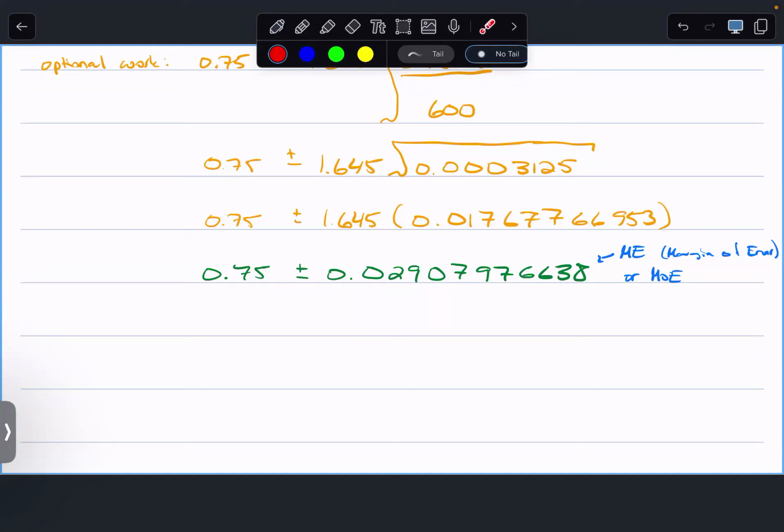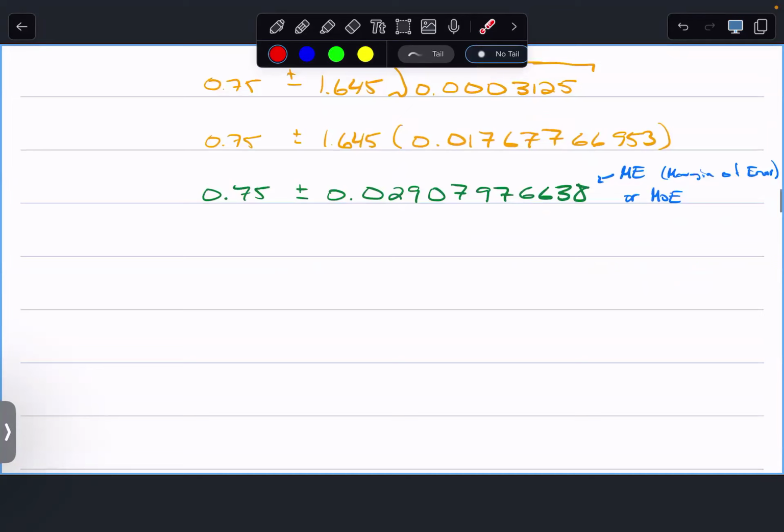Okay. Thinking about these, this is now a proportion, right? 0.75 is a proportion plus minus a proportion, so 2.9%, right? 75 plus minus 2.9% is how you can think about it. Okay, you can round this to, let's say, 4 decimal places, right?